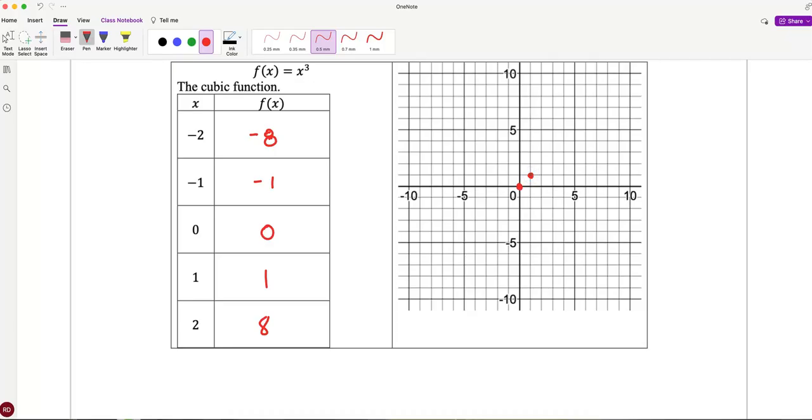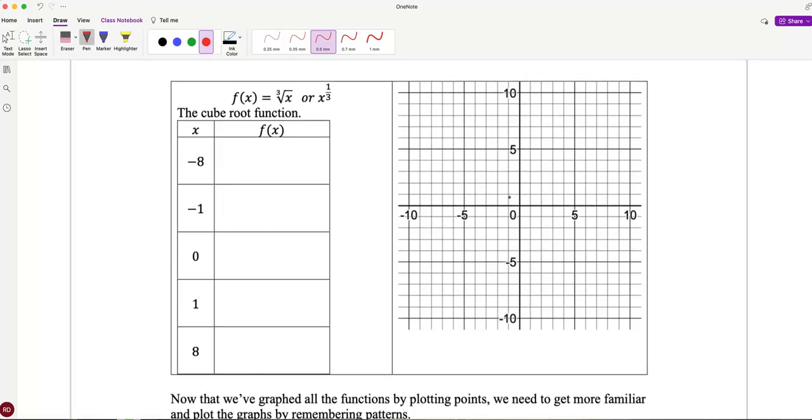Cube 2 and you get 8. Cube a -1 and you get -1. Cube a -2 and you get -8. So this one sort of looks like this. This is x cubed. So in this one, the pattern was starting at 0, over 1, up 1, because you cube 1 and get 1. Left 1 and down 1, because you cube -1, and you get -1.